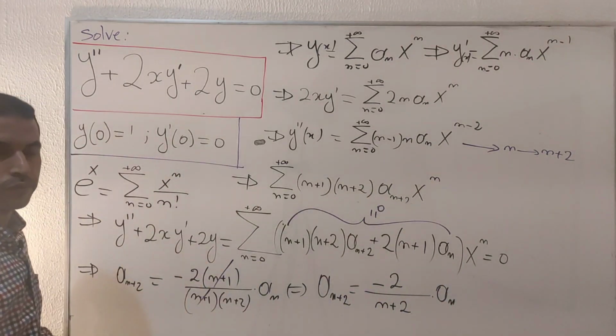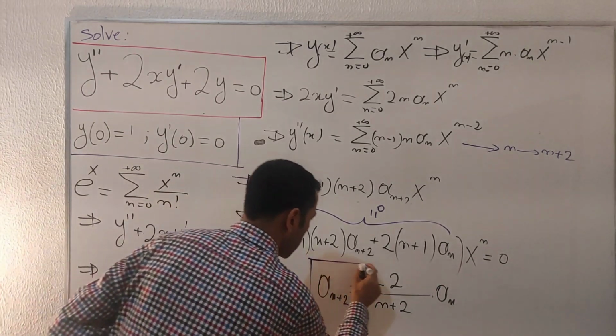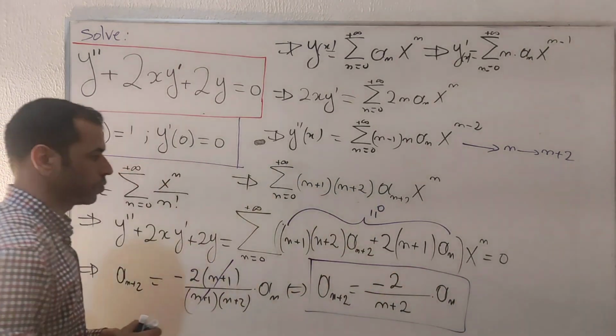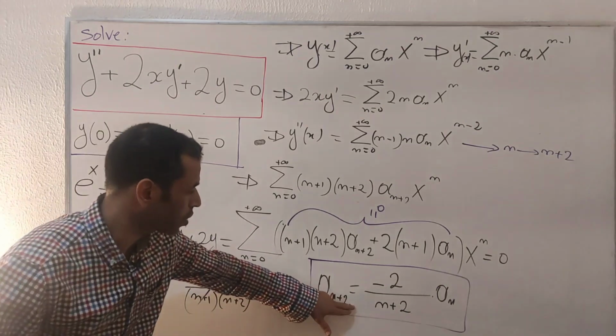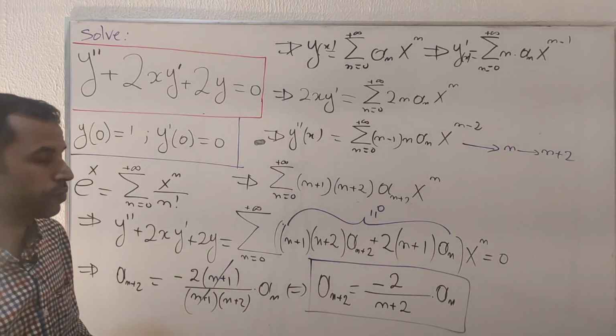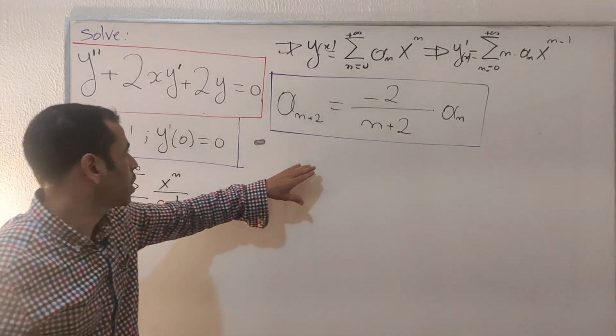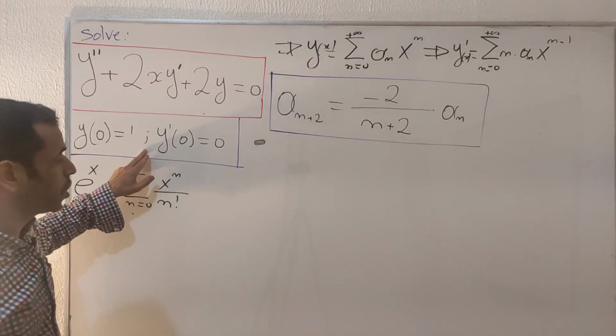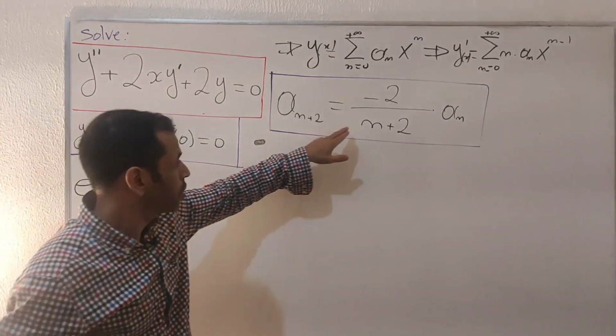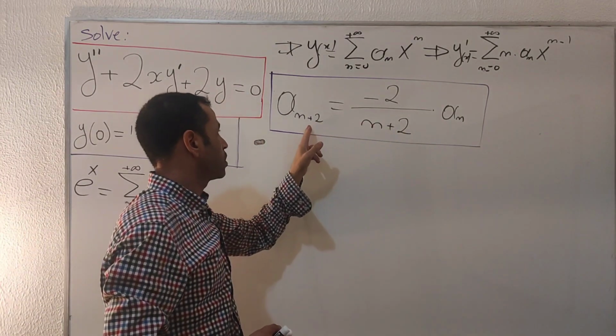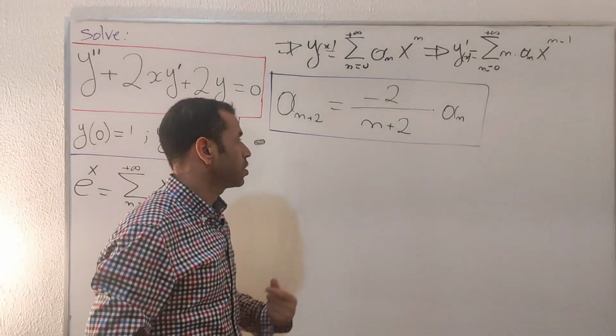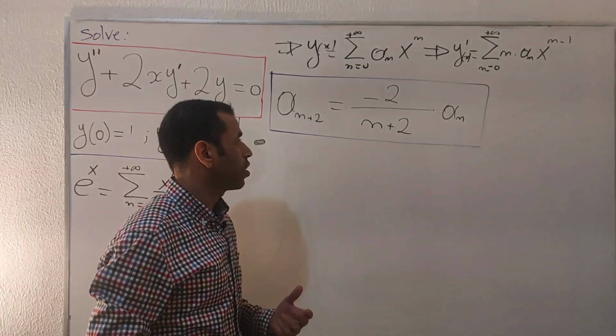Okay? So I have ended with this nice expression. I'm going to bring this one to the top and continue solving our equation. At this moment, I'm going to use the initial conditions in order to determine e sub n and e sub n plus 2. This recursion is odd or even.